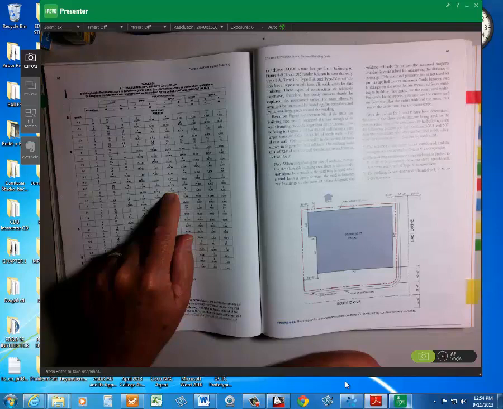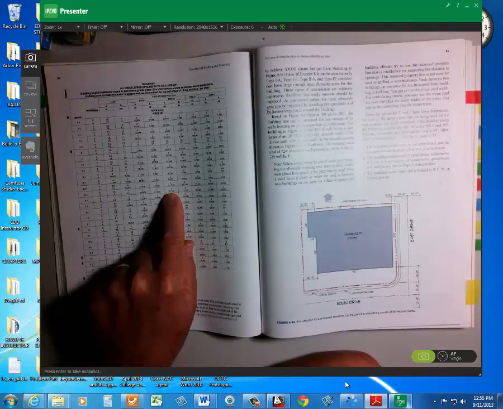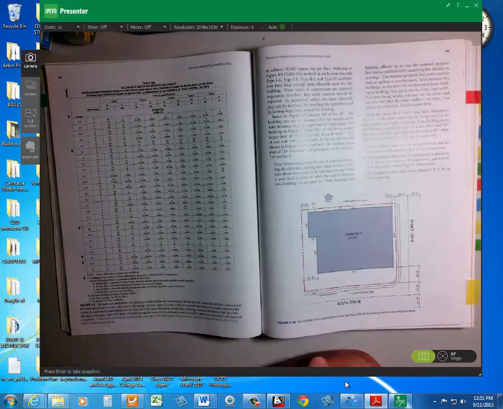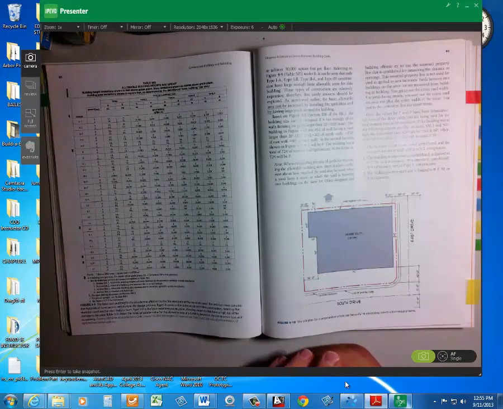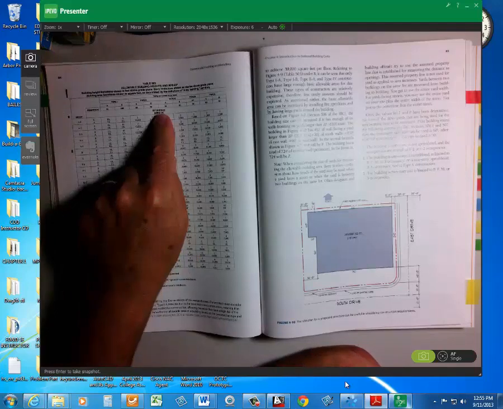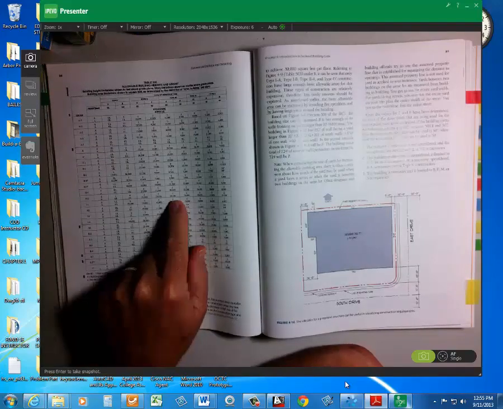Building area limitations shown in square feet. So the stories, alright, stories is the S.